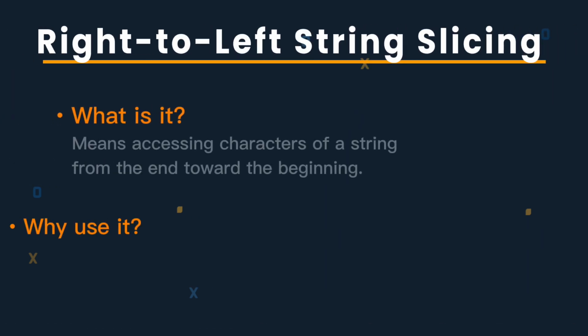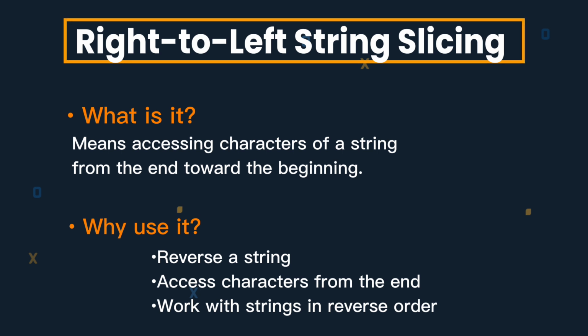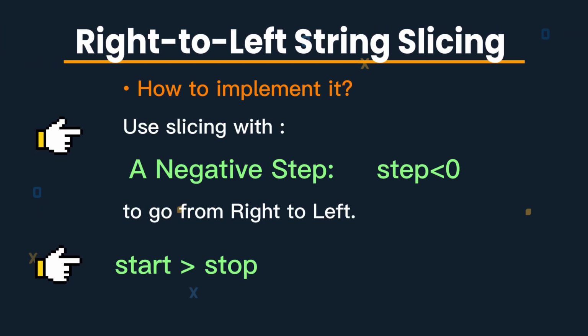Now let's move on to slicing strings from right to left. Right to left string slicing, also called backward string slicing, means accessing characters of a string from the end toward the beginning. It is used to reverse strings, extract slices from the end, or skip characters in reverse order. To successfully perform backward string slicing in Python, there are two important conditions we need to follow.